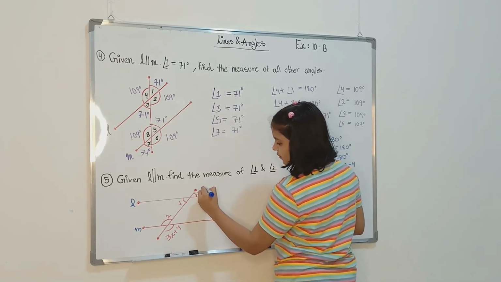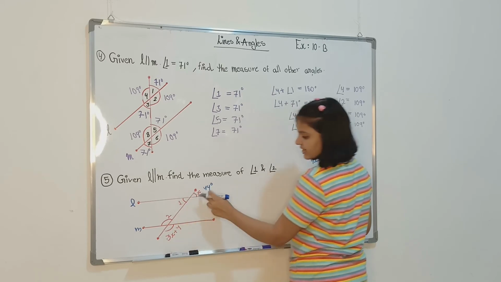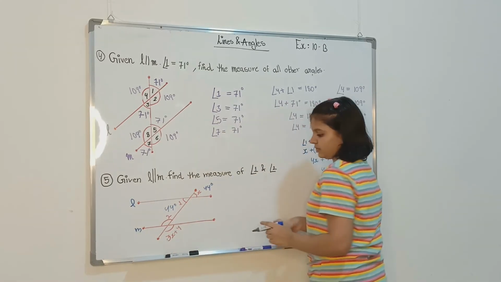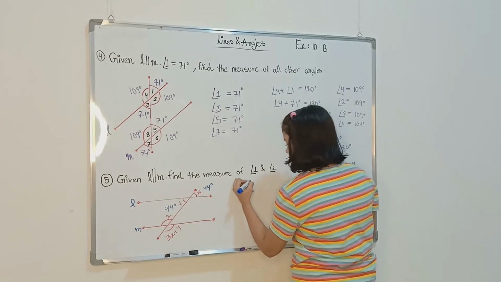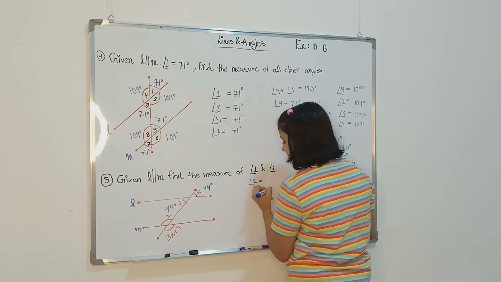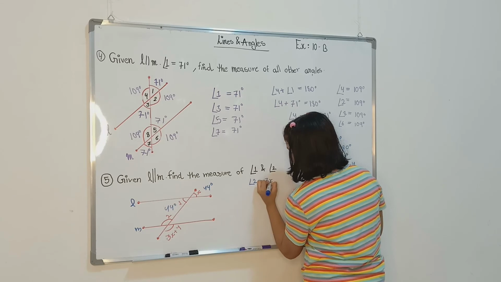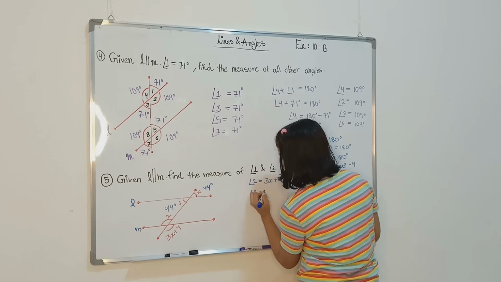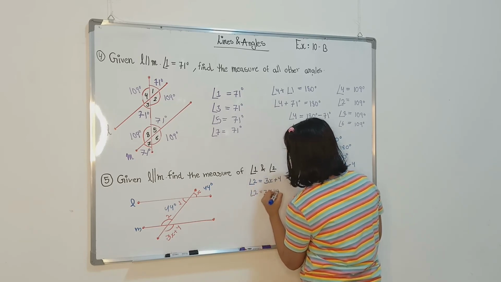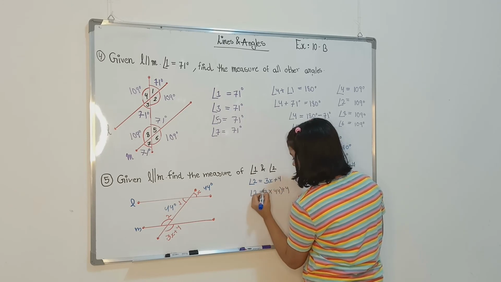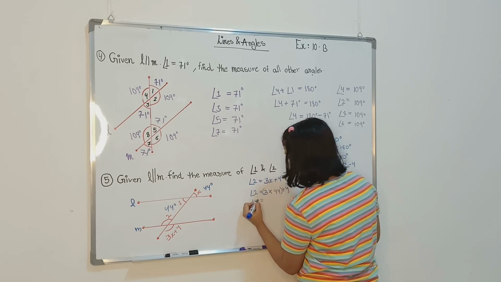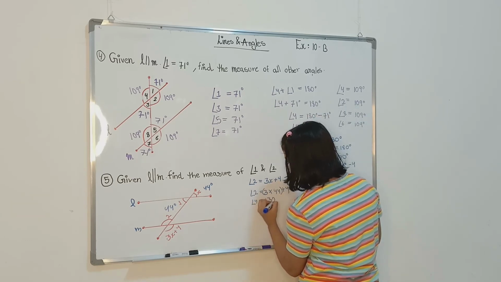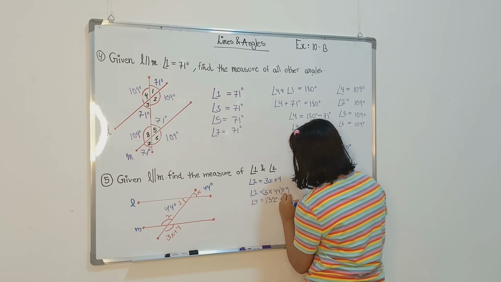So x will be 44 degree, and x and angle 1 are equal. So angle 1 is also 44 degree. Now angle 2 is equal to 3x plus 4. So angle 2 is equal to 3 into 44 plus 4. If you multiply 44 by 3, we will get 132 degree plus 4.